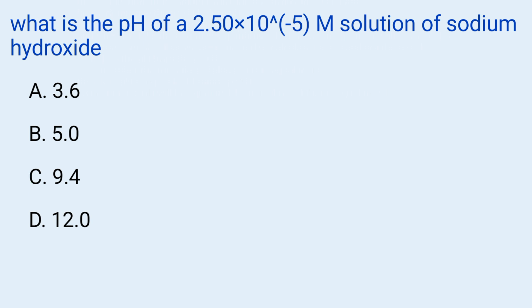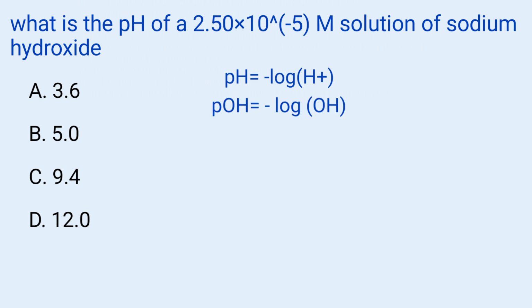Remember that pH is equal to the negative logarithm of the hydrogen ion concentration. Meanwhile, note that sodium hydroxide has hydroxide, OH-, hence determine the pOH before pH. So pOH is equal to the negative logarithm of the hydroxide concentration. When we take the negative logarithm of what we are given, we arrive at 4.6.